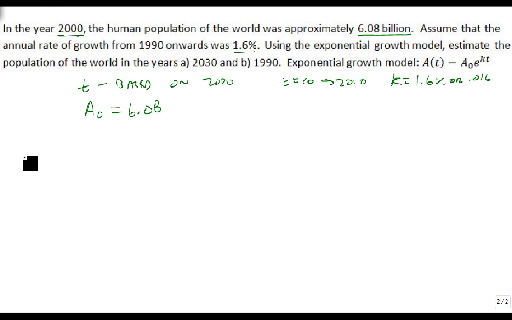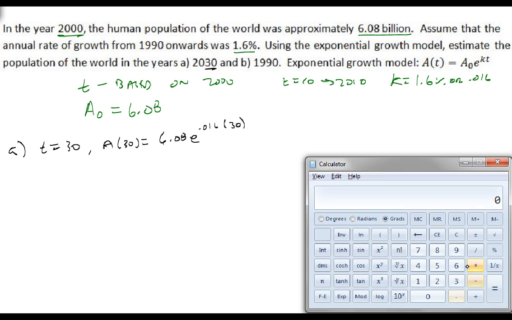So all we need to do for part A is to recognize that t is 30, because it's 2030. So A of 30 is equal to 6.08 times e to the 0.016 times 30. So we get out our calculator now. 6.08 times, I'm going to do a parenthesis, 0.016 times 30.